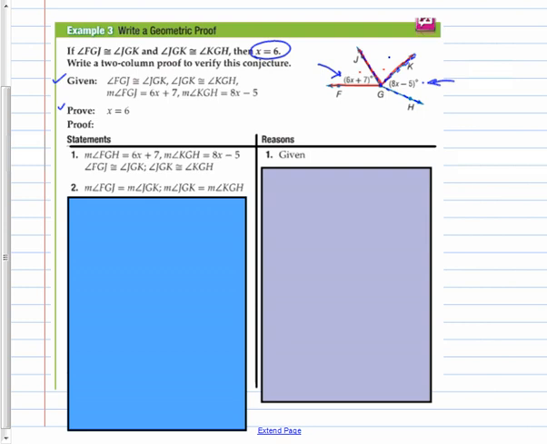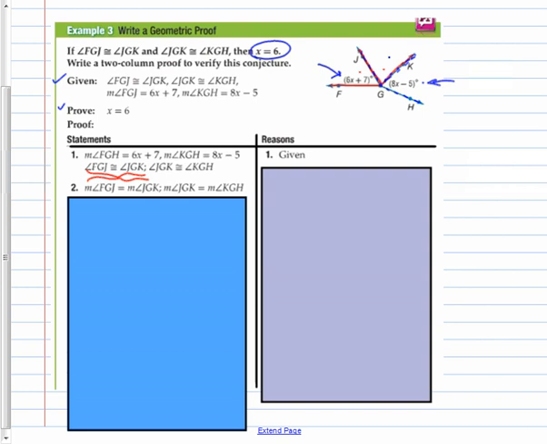So let's look at their next statement. There is a slight difference between this statement and this statement. They're using the same angles. Do you see what's different in how they wrote it? One says congruent and the other says the measures equal. The given was that we had two congruent angles. Here they said the measures of those angles equal. How can I say that? If they're congruent, they're going to have equal measure.